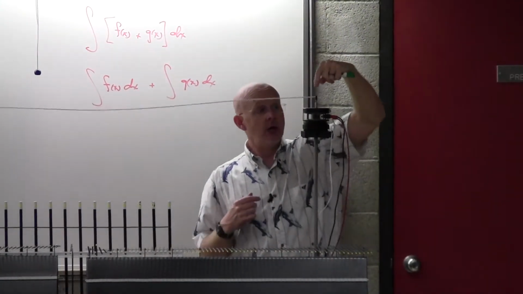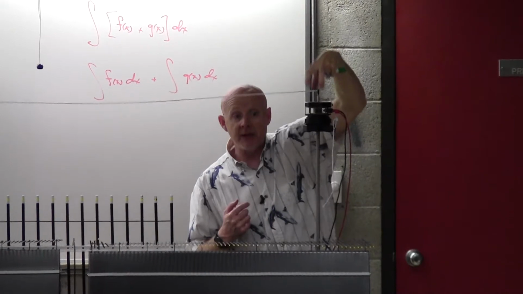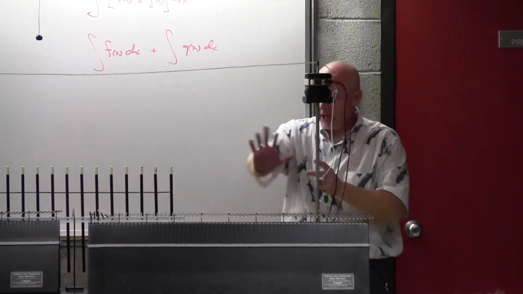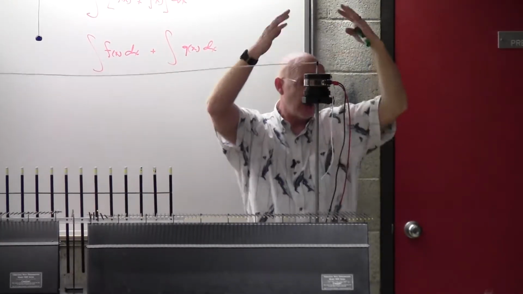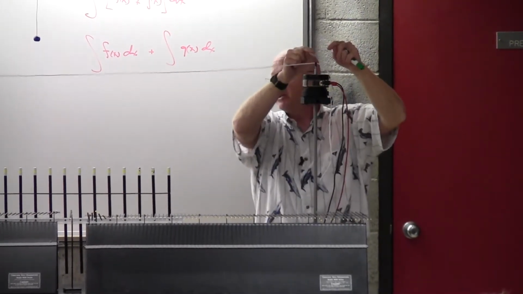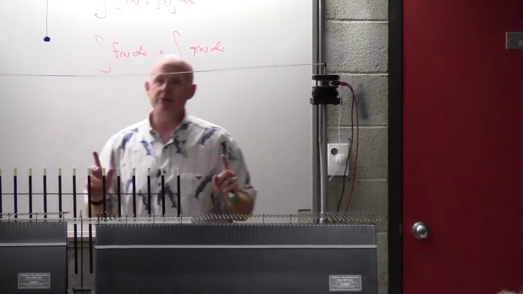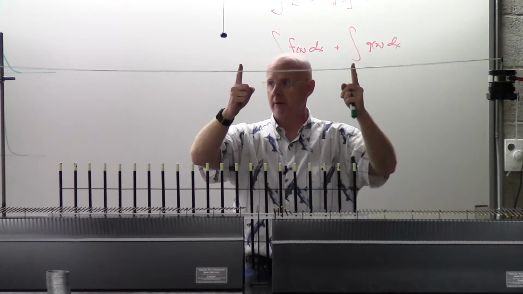So, over here, I am creating the oscillations with this little electromagnet. It's going up and down. It happens to be set, you can't see it, but it's set at 13 times a second. So this is going up and down 13 times every second. So if I took that frequency, 13, times the wavelength, so what would be the wavelength here?